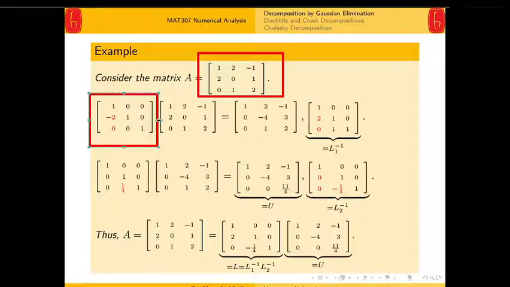So we multiply A by this matrix, and then we immediately write its inverse here. So this is the matrix and this is its inverse, because at the end of the day we will find L1, L2, L3 matrices, whatever. I don't know how many of them will exist to arrive at the upper triangular matrix, but at the end of the day we will multiply them and then find the inverse.